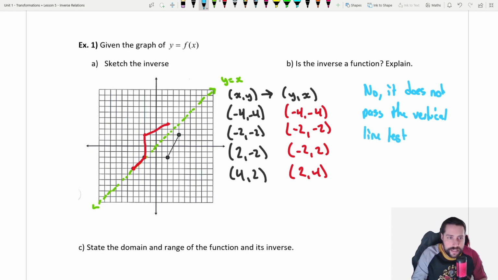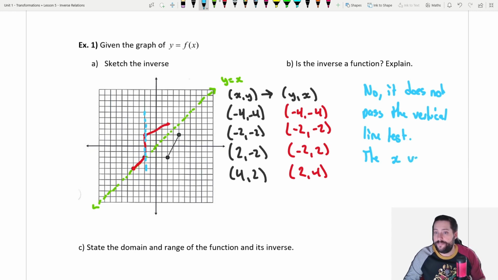We can see it when we draw a vertical line right here. Multiple points are being touched, so it does not pass. Specifically, the x value of -2 has more than one y value.